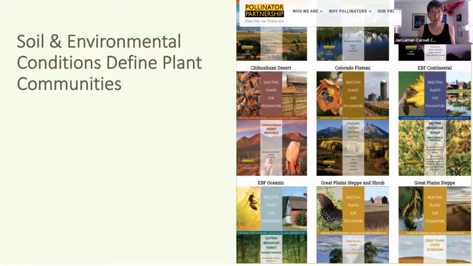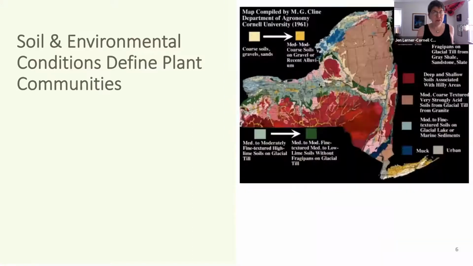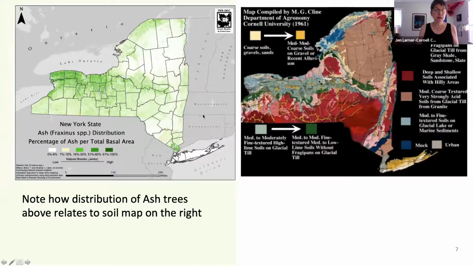And within each of those lists, yes, there are a lot of plants that are the same, but there are some plants that are a little different. That's also because plants are really defined by the soil and stone, the bedrock outlay of the area. So if you look at the map on the right, you'll see, sorry, let me minimize for a second here. There we go. If you look at the map on the right, you see a basic map of New York State's soils. I just want you to compare that with this next slide.